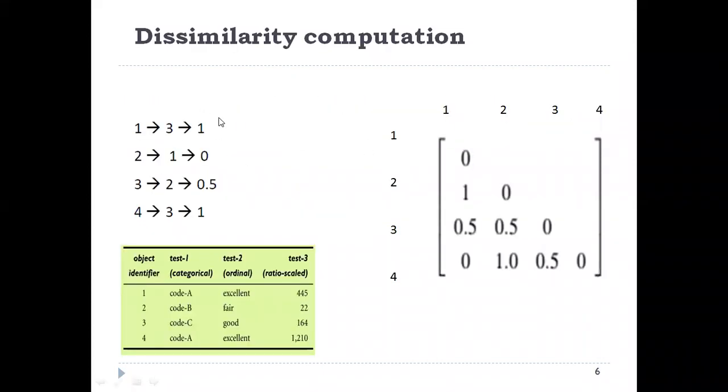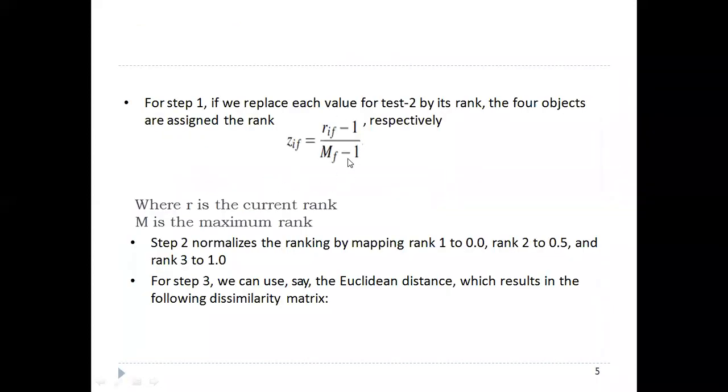When you calculate the Euclidean distance between 1 and 0, the distance becomes 1, and between 0 and 0.5, it becomes 0.5, and it goes on. First you normalize using the formula (r minus 1) by (m minus 1), and then with the normalized values you calculate the Euclidean distance.